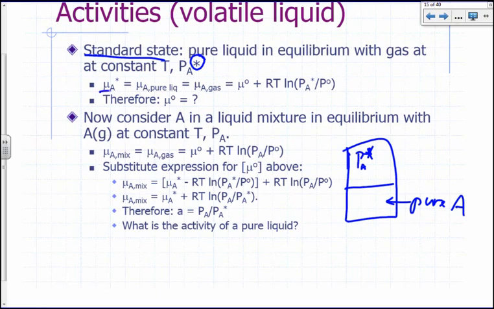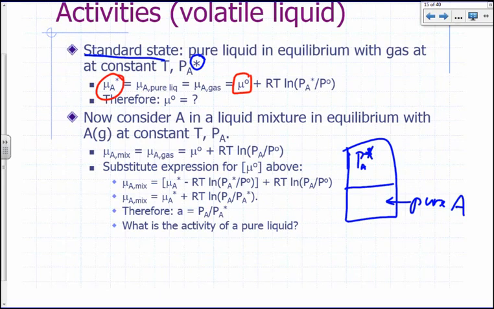So mu A star, the chemical potential of A in the pure liquid, is equal to its chemical potential in the gas phase, and so that's equal to mu naught plus RT ln PA star over P naught, because that's the partial pressure of A in equilibrium with the liquid. Based on this, how is mu naught, our standard state chemical potential, related to the chemical potential of the pure liquid?